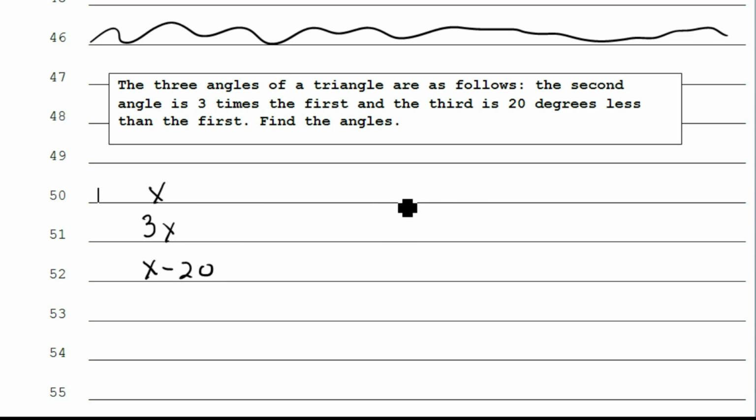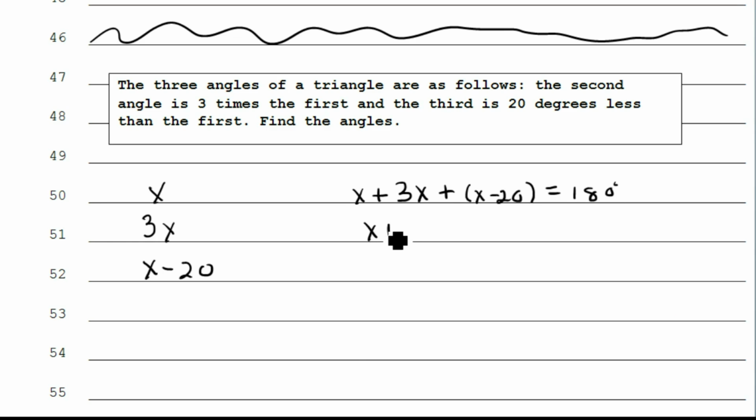But we all know a triangle, all the angles add up to 180 degrees. So first angle plus the second angle plus the third angle, x minus 20, have to add up to 180 degrees.